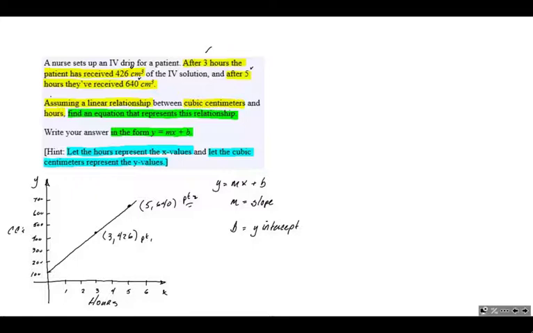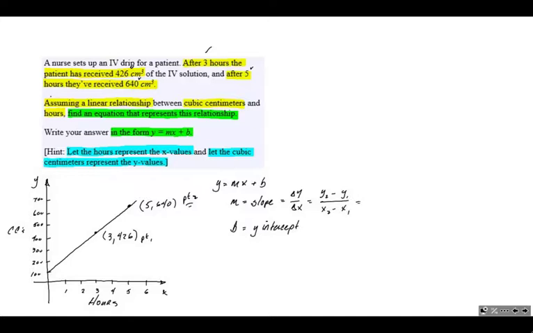So let's begin with slope up here. Recall too that slope can be calculated. It's known as the change in y over the change in x, or we can use y2, the y value at point 2, minus the y value at point 1, divided by the x value at point 2 minus the x value at point 1.